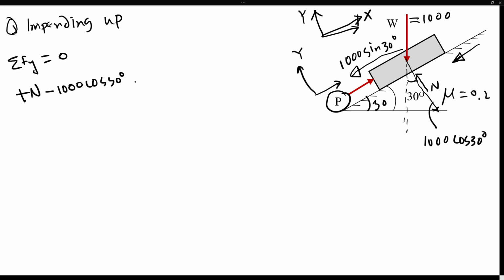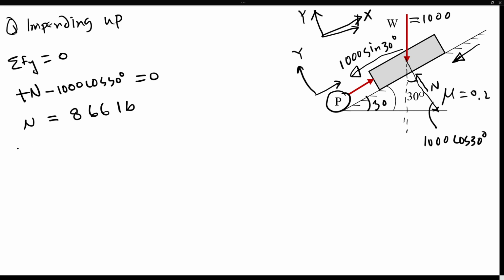That's the weight component perpendicular to the surface, and P doesn't have any component because it's 90 degrees, parallel to the surface. If you do this, the normal force is, I found, 866 pounds.